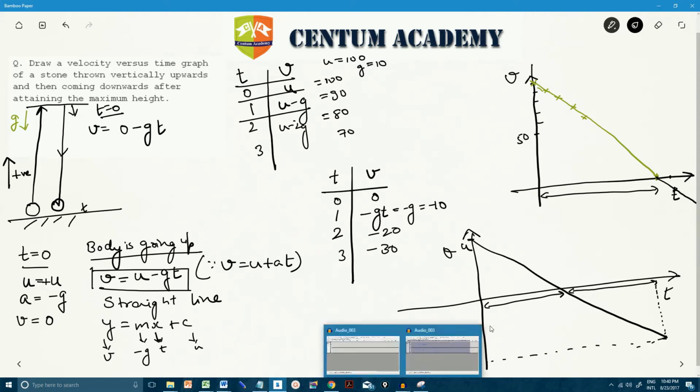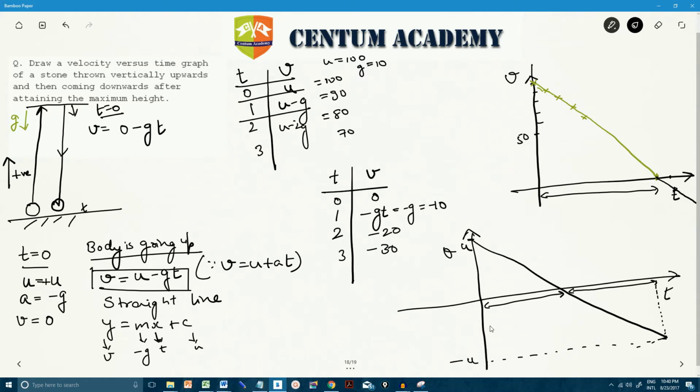The velocity with which it went up, when it comes down, will have the same magnitude but opposite direction. When it was thrown up, the direction of velocity was like that. When it is coming down just before hitting the ground, the velocity is like that. But the magnitude remains the same, only the direction changes.